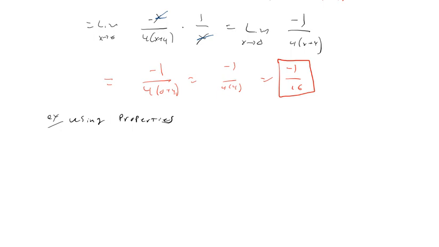So if I say the limit as x approaches c of some function f equals 3, and the limit as x approaches c of g of x equals negative 2, I can do a lot of things with this. I can ask you to find the limit as x approaches c of some complicated thing like 2f of x minus 4g of x.